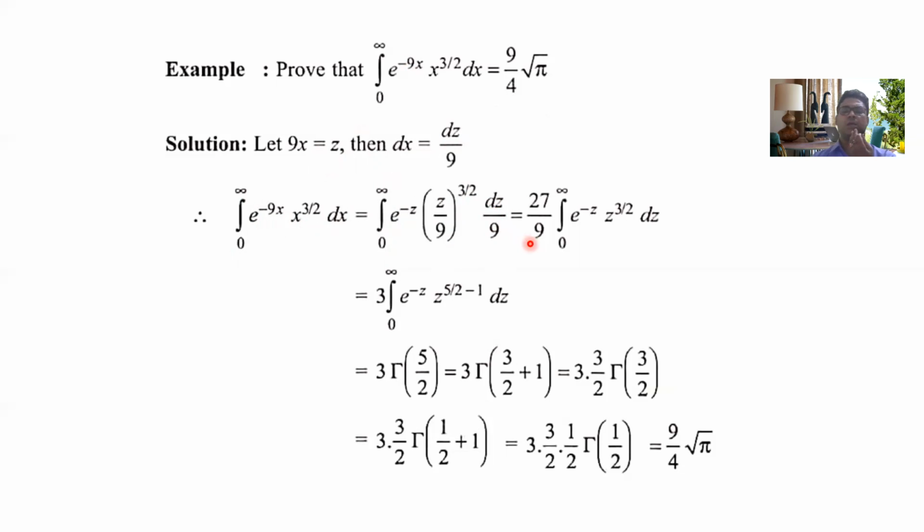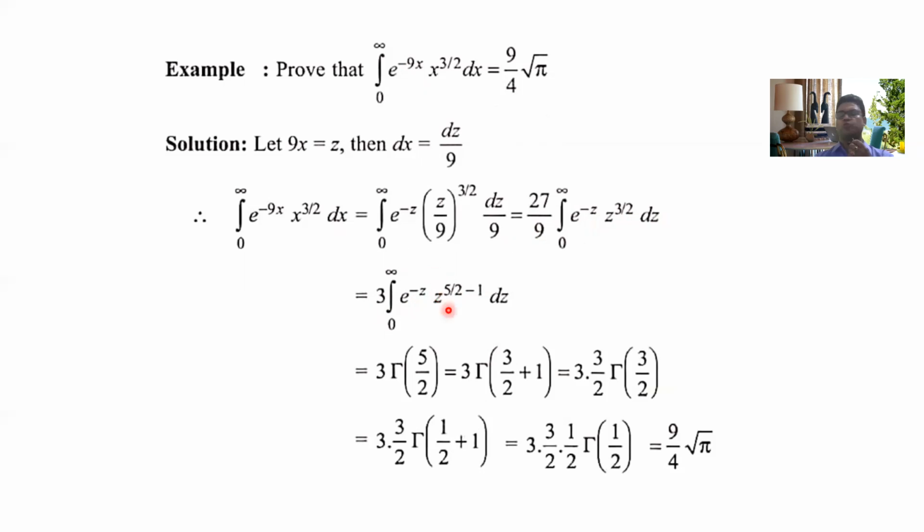So ultimately, after simplification, what do you have? 27 by 9. After simplification you have the integral from 0 to infinity of e to the power minus z, z to the power 3 by 2 dz. So the integral from 0 to infinity of e to the power minus z, z to the power 5 by 2 minus 1.